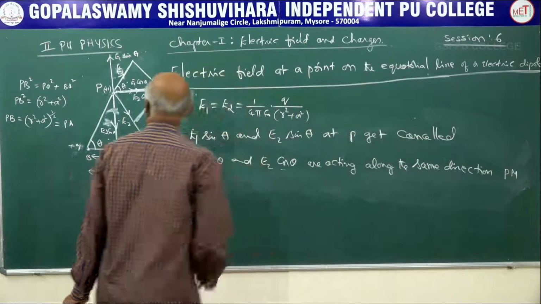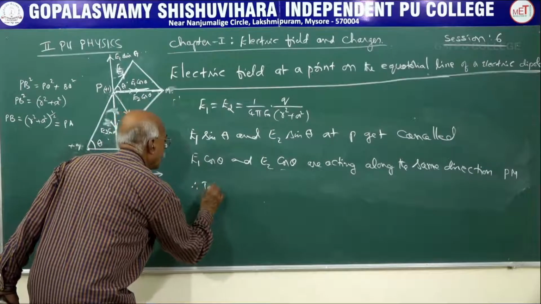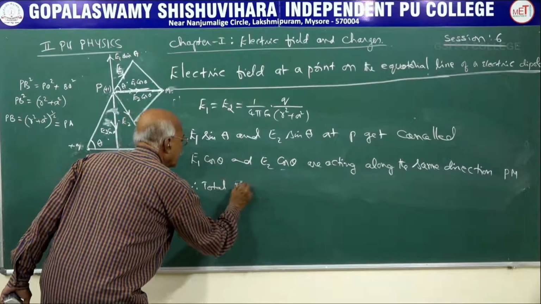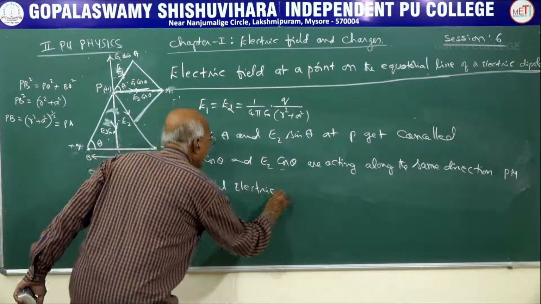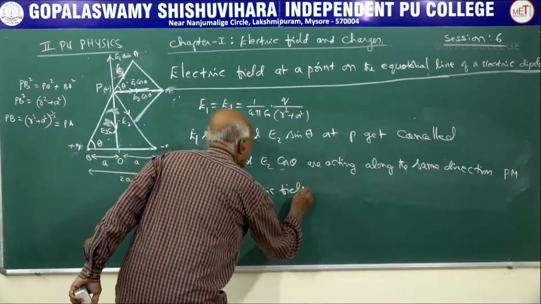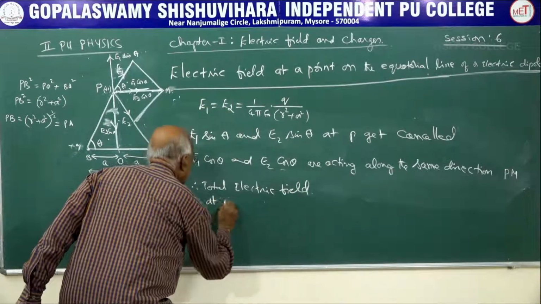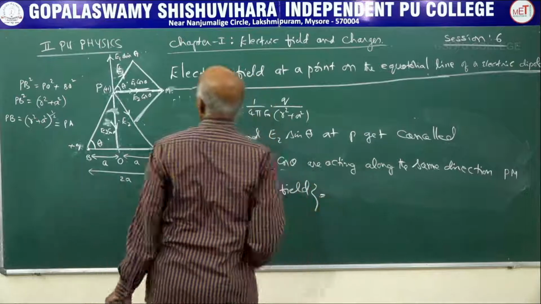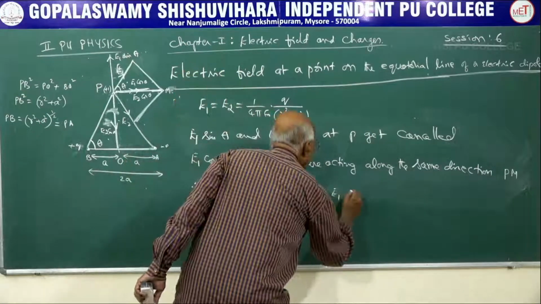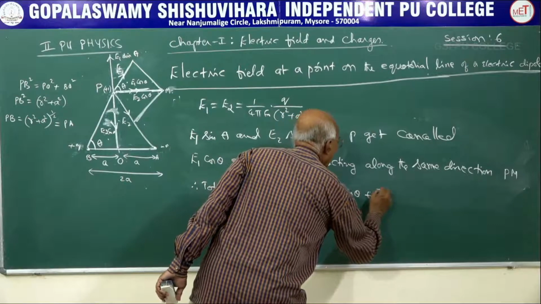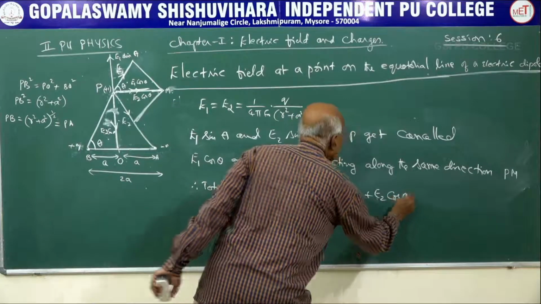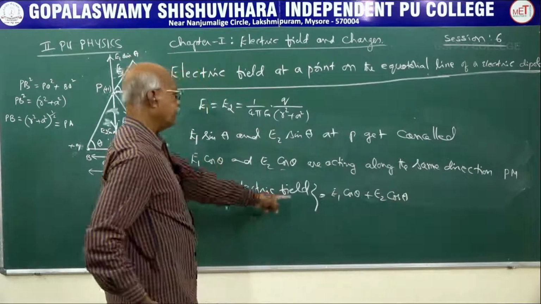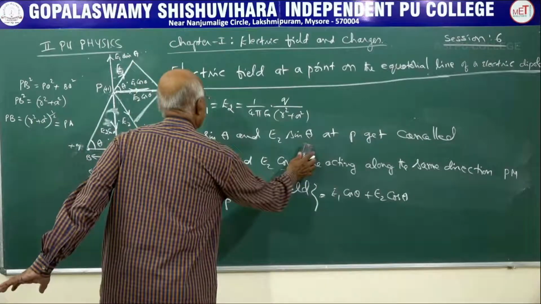Therefore, we will calculate the total electric field at P. The electric field at P is equal to E1 cos theta plus E2 cos theta. Total electric field is equal to E1 cos theta plus E2 cos theta.